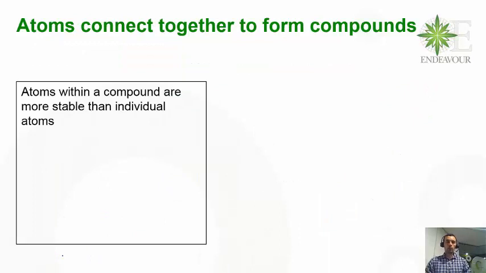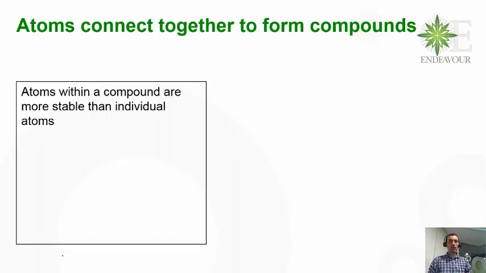So one of the most important things to take away from this session is the knowledge as to why atoms actually come together to form compounds. So we have touched on this in earlier sessions, but let's go into it in a little bit more detail now. The key reason why atoms want to form compounds is because it can actually make them more stable.